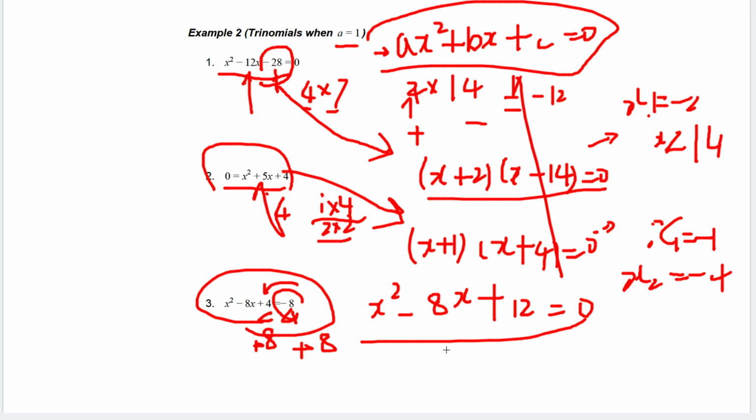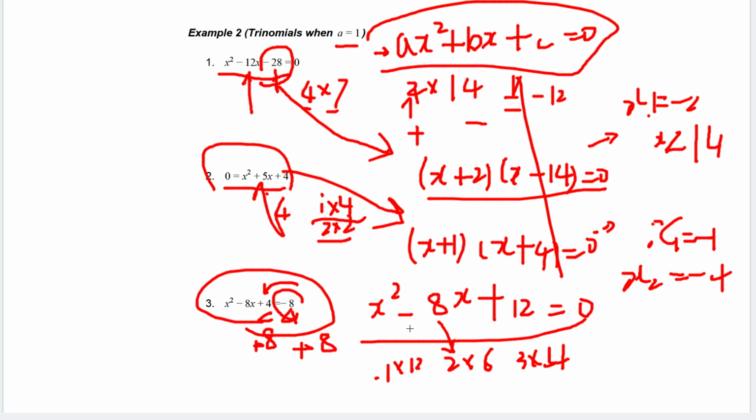So we continue and consider 12. What are the factors of 12? We can choose 1 times 12, or 2 times 6, or 3 times 4, right? Which choice can possibly give us negative 8? Because 12 is positive, both numbers are negative or both positive.